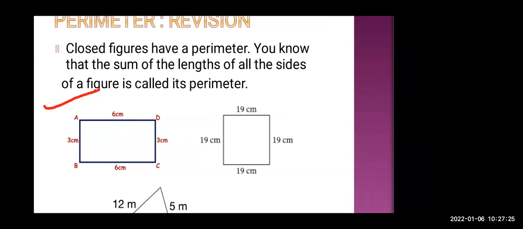So what will you write? Perimeter of rectangle A, B, C, D is how much? You will add the length of all sides of a figure, and that is our perimeter.